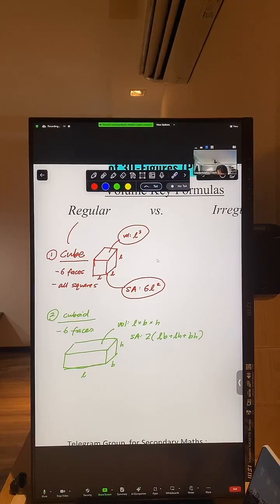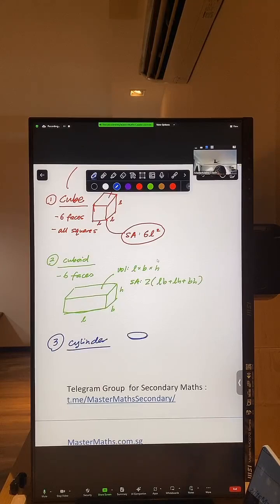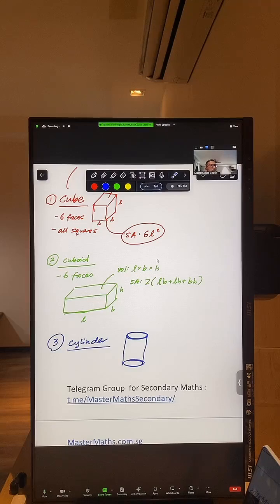Okay, let's use a different color now for cylinder. Everybody knows what a cylinder looks like, right? Let's assume that it's a closed cylinder, so there's no opening. You cannot fill up the cylinder with anything because all the sides are closed.